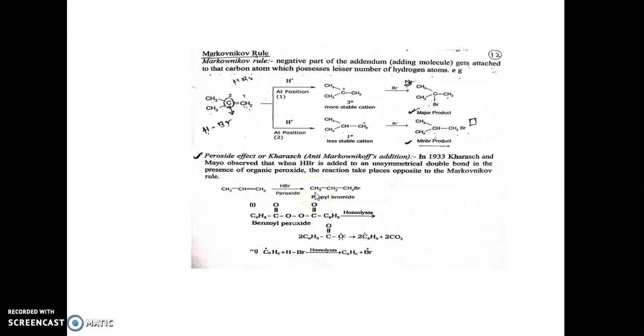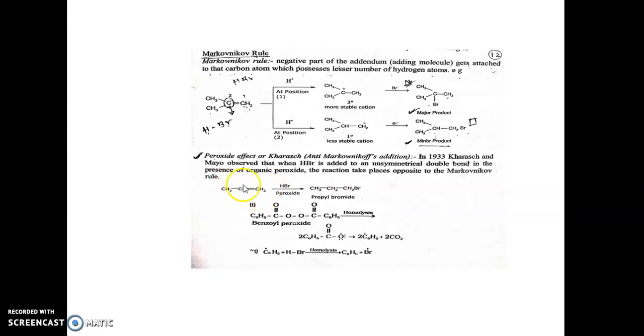Now you can see a term here called unsymmetrical double bond. This type of Markovnikov rule and anti-Markovnikov rule will be applied to those compounds which are unsymmetrical. What do you mean by that? It means this alkene is totally unsymmetrical. Why? Because these two carbon atoms are joined by a double bond, and with this carbon atom there is a methyl group attached, but with this carbon atom there is no group attached at all.